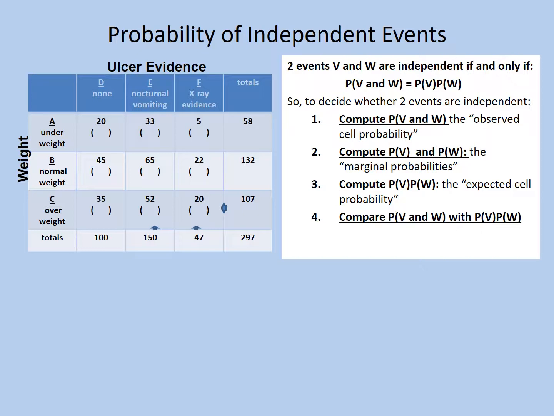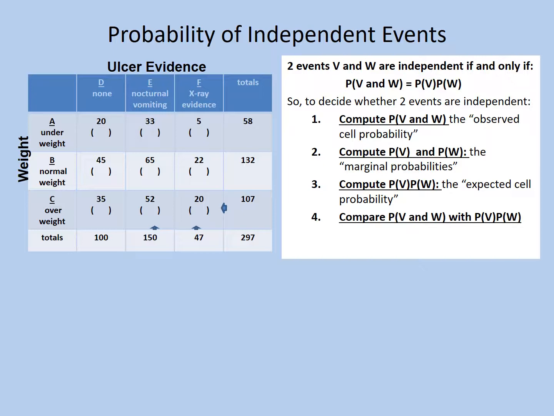So to decide whether two events are independent, we must do the following. First, we compute P of V and W, the observed cell probability. Second, we compute P of V and P of W, the marginal probabilities. Third, we compute the product P of V times P of W, which is called the expected cell probability.